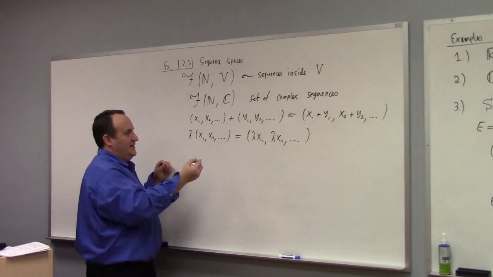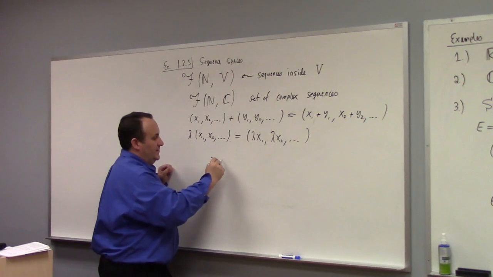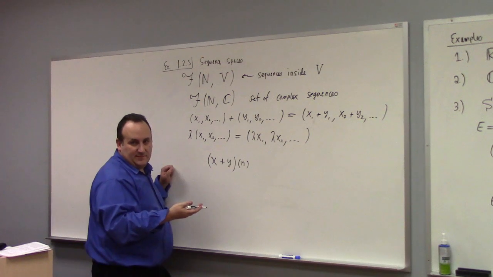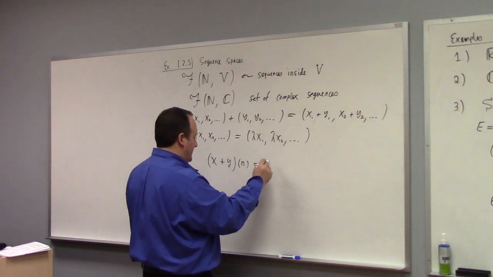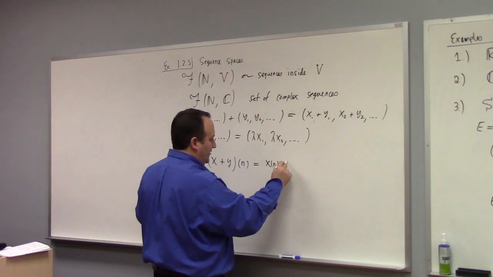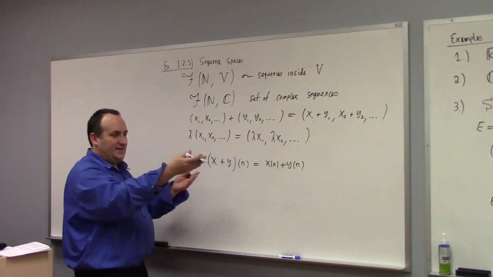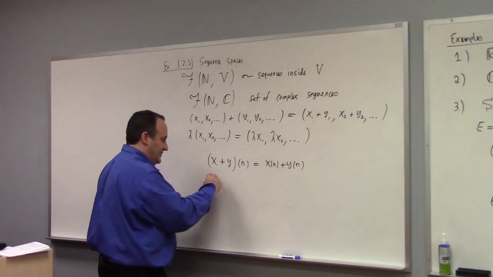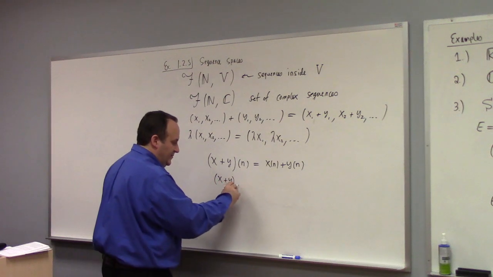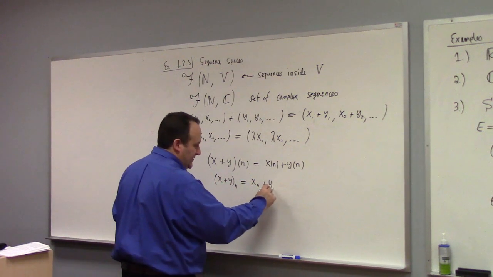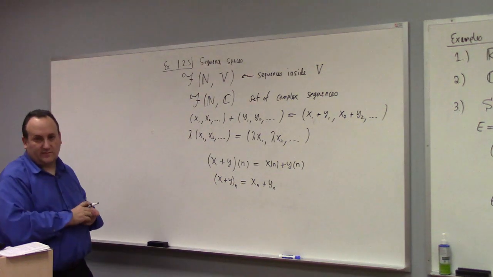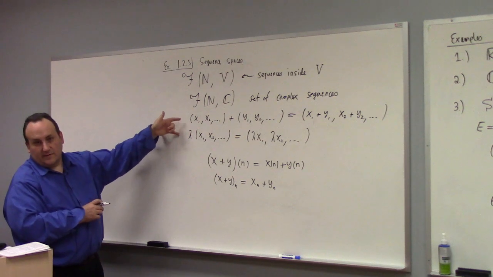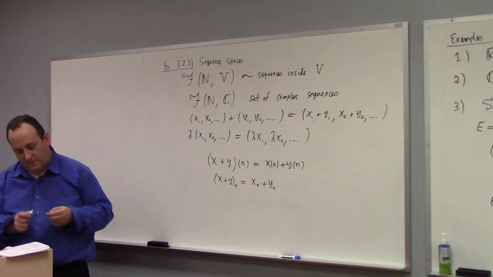If we have x plus y and we let it operate on the integer n, by definition of pointwise addition, that's x of n plus y of n. If I write it like that, you can recognize immediately that's pointwise addition of functions. But when we write the sequence notation, x plus y, the nth term is x sub n plus y sub n. So it's just a different notation that we usually use for sequences, and this up here is yet another notation, the list notation, if you will.